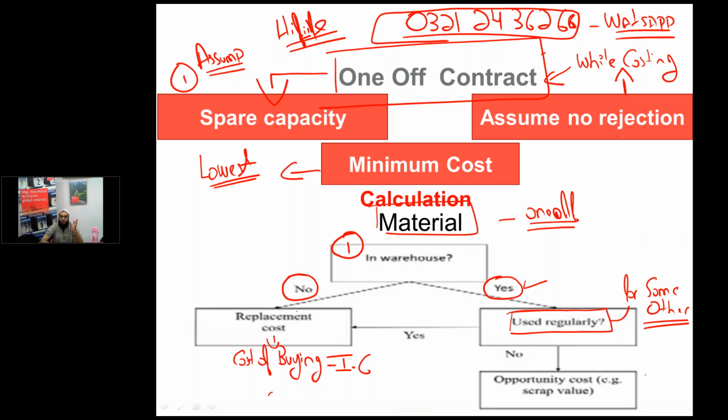You gave the one-off contract material which you were using at some other work. So now what you need to do is buy the material for that other work.